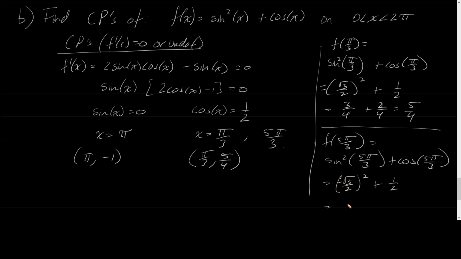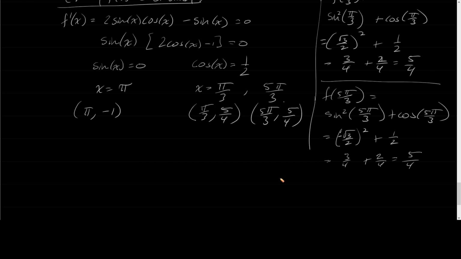But this negative squared now makes it 3/4, sorry. And then 1/2 is 2/4. Let's just rewrite that. And overall here we get 5/4 again. So we also get 5 pi over 3, comma 5/4. All right. So those would be the critical points, right?